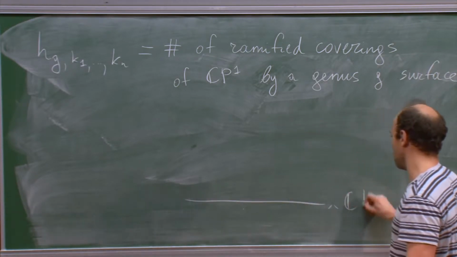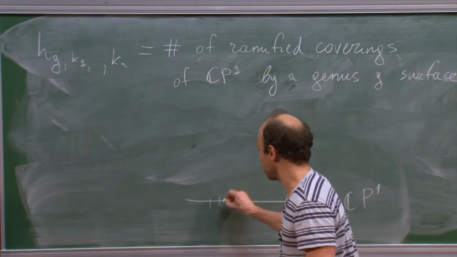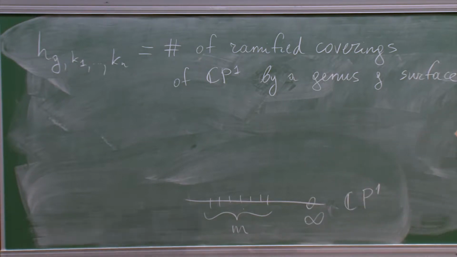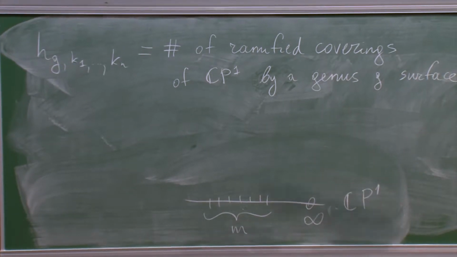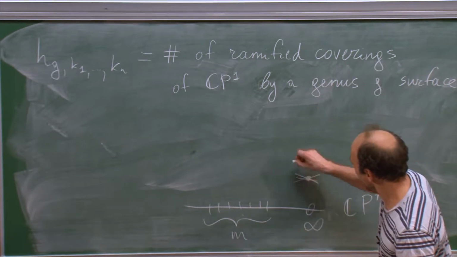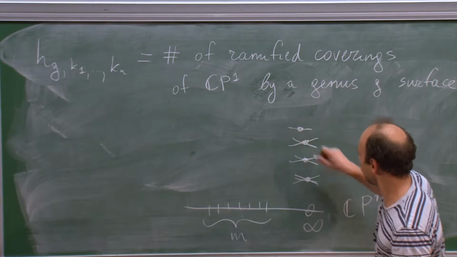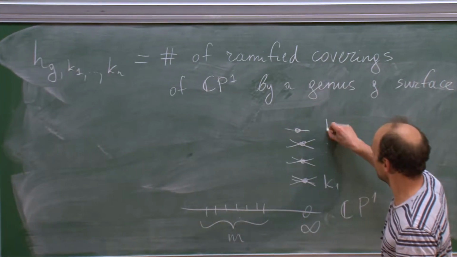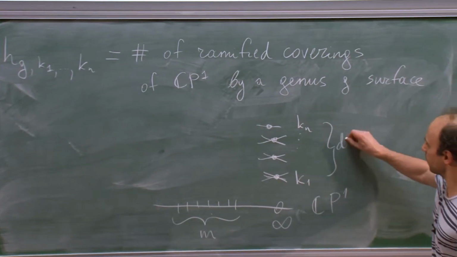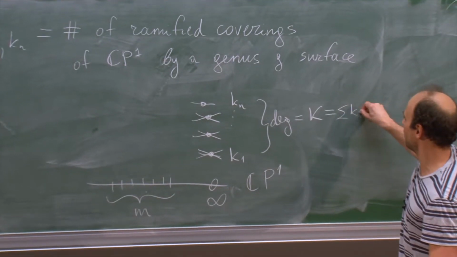So this will be CP1, this will be infinity, and here I will fix m more simple branch points. The conditions for the ramified coverings that I want to enumerate are that there are n preimages of infinity of orders k1, ..., kn. So the degree of the covering is equal to capital K, which is the sum of the ki's.